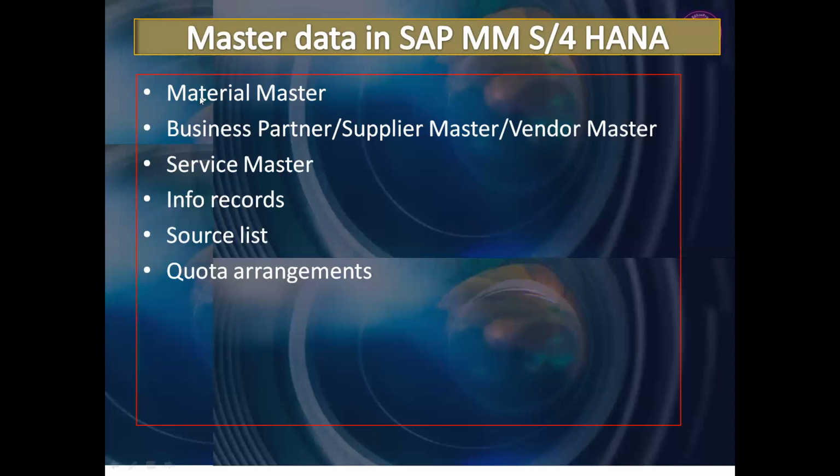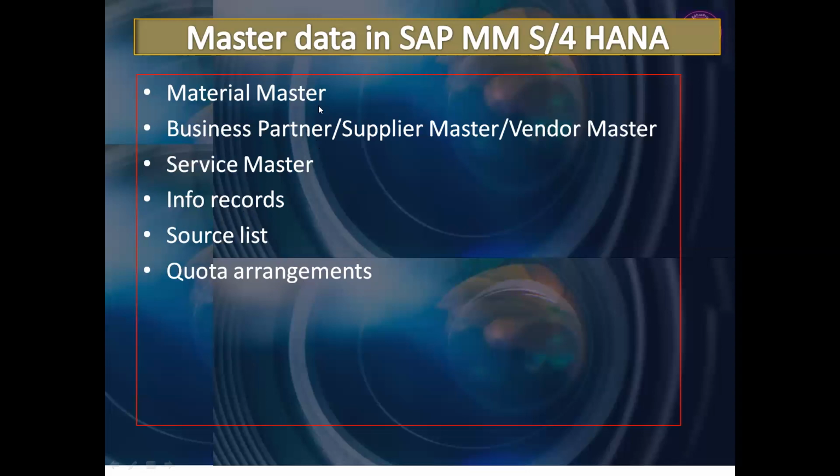Now, material master and business partner, supplier master or vendor master, these are called general master. Material master and business partner are called general master in SAP MM, and service master as well. And then info record, source list, and quota arrangement are called purchase master. Why are these general master?